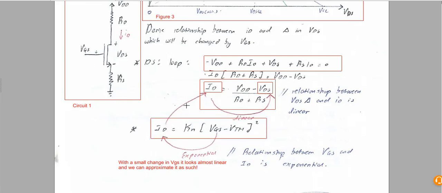That ID is going to bias this at a specific point. The ID is not controlled by VDD at the moment, it's controlled by VG. So VG will allow a specific amount of ID to flow in the drain to source loop, and depending on the value of VDS, we're also going to have a variation in ID. So basically, VDS is the voltage that is here.